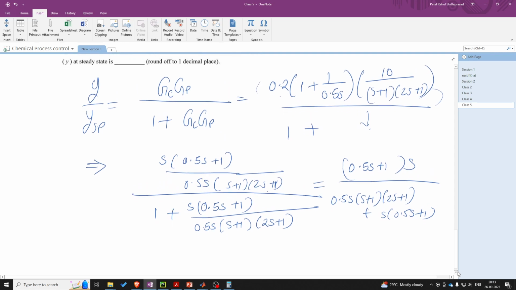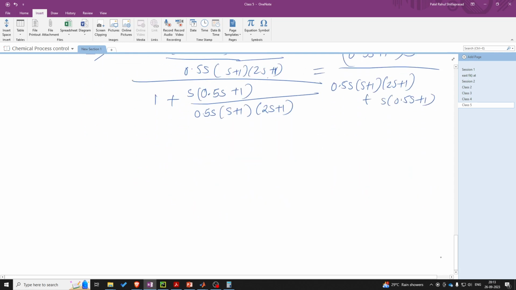Again we need to simplify this further, so you can just open the bracket. Right now I simply have the transfer function straight away. I will just write it down for you.